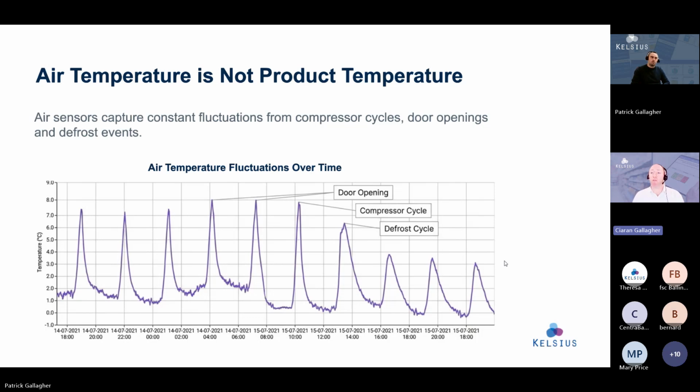Air temperature is much more receptive to change than product temperature, and it can be influenced more by things like door opening, unit-based activity like compressor settings, compressor cycles, and defrost cycles as well. So Patrick, just next slide.